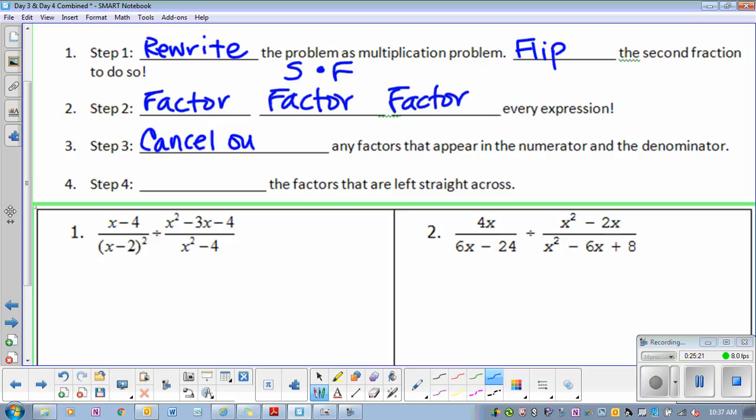You just want to cancel or cross out any factors that are the same in your numerator and in your denominator. And then step 4, just multiply the factors that are left over straight across, which is basically just rewriting it. I don't want you to FOIL it or distribute it, just leave it in factored form.